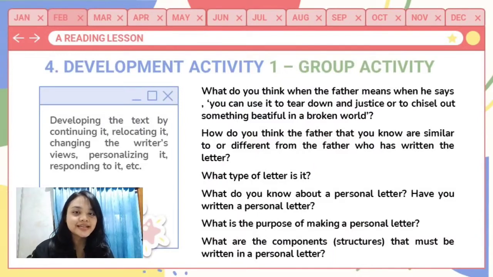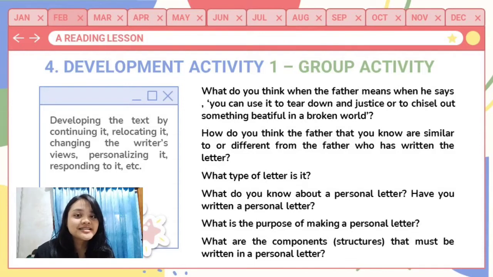Next is development activity 1. It's a group activity. I want the students to work in groups to do this activity. In this text, I want the students to develop the authentic text by continuing it, by relocating it, and by responding to it.